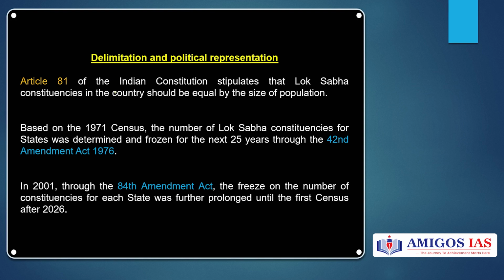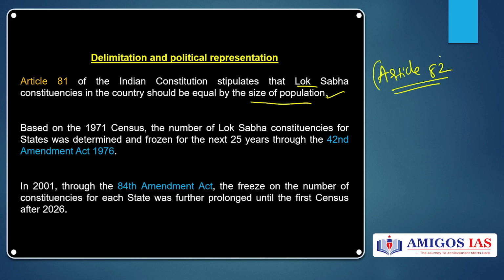Article 81 of the Indian Constitution says Lok Sabha constituencies are given as per the size of population, and Article 82 says there should be a delimitation after every census. That means once in 10 years we have a census, right? After every census, because it reflects the population changes, which will increase or decrease, the size of constituencies also changes.